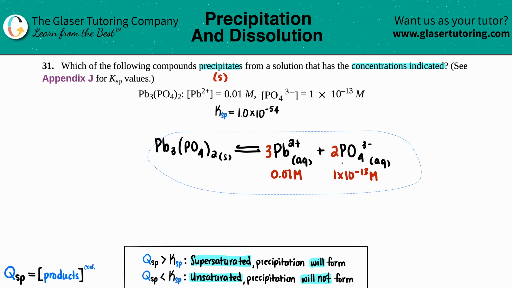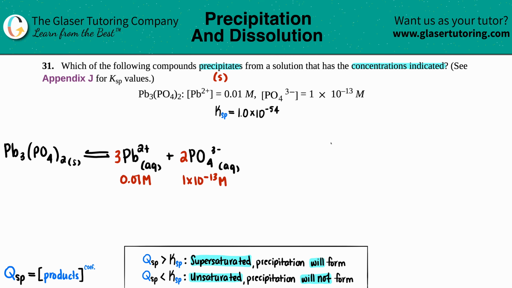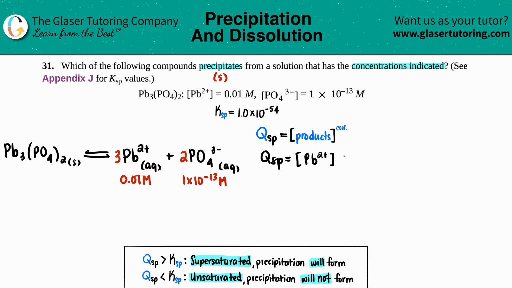Okay, so now I'm going to use this to make my Qsp equation. Qsp is the same as finding a Ksp. It's the same equation. So Qsp equals the concentration of Pb2+, it's just the products raised to the coefficients. So Pb2+ times PO4 3-.